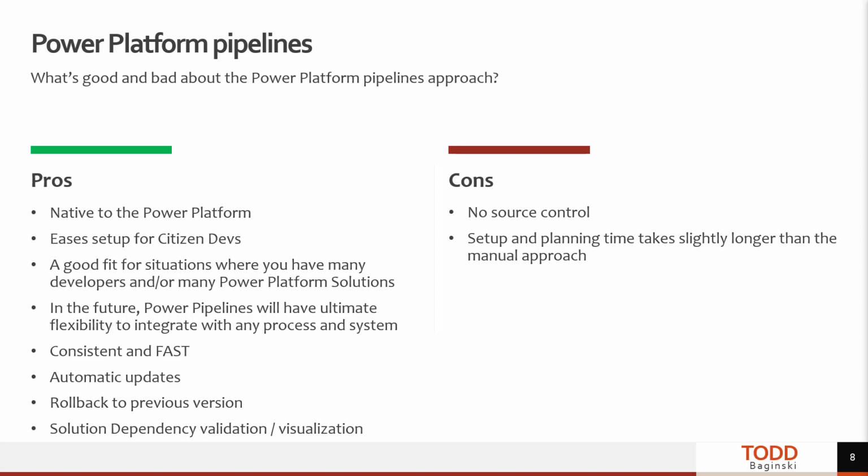They're just as fast as a DevOps pipeline because under the hood, they're using the Power Apps CLI, just like the components that we use inside of DevOps pipelines. They get updated automatically. You don't have to run an update or download an update or rev these things or change your code at all.